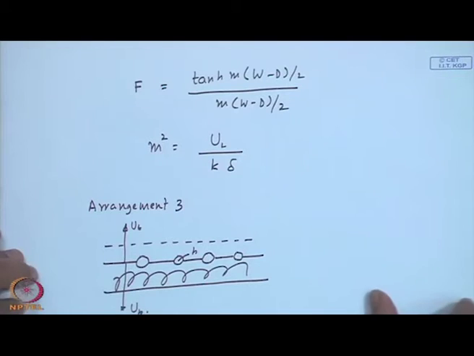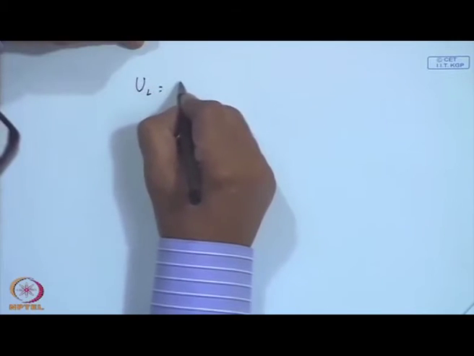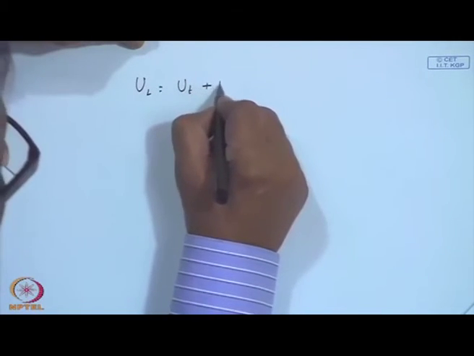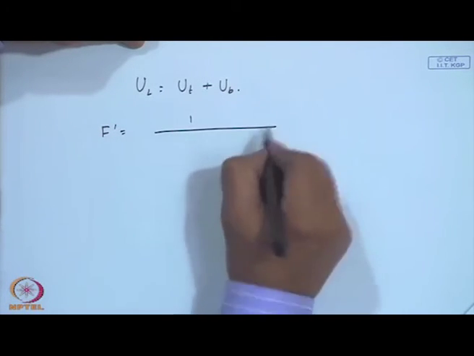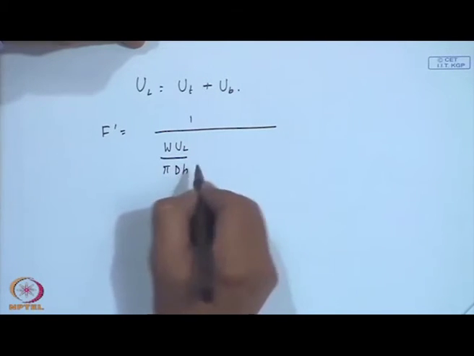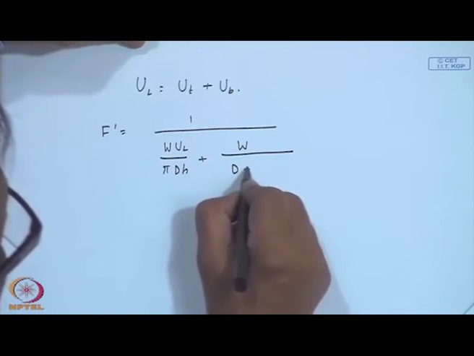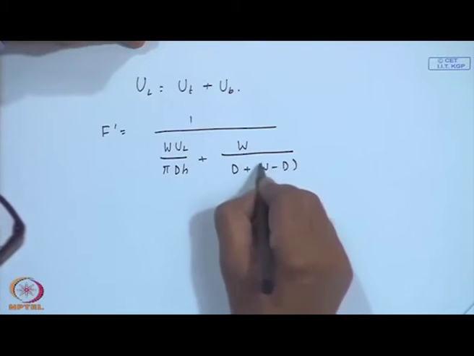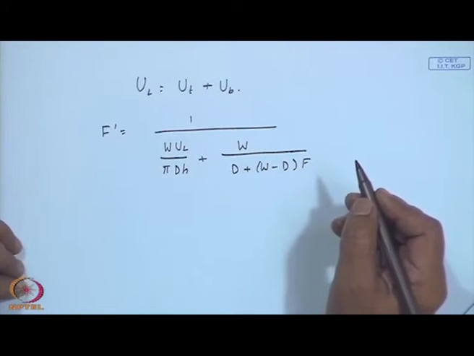If you have this arrangement, U L is, though it is obvious, we will write it, because there are cases when it is not, and F dashed is 1 upon W U L by pi d H plus W by d plus W minus d into F. So F is the fin efficiency, H is the heat transfer coefficient, as we have been defining n number of times.